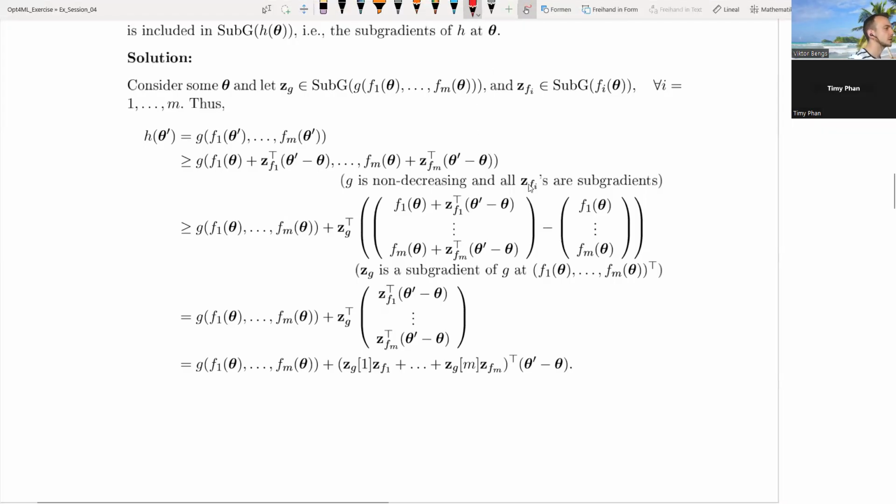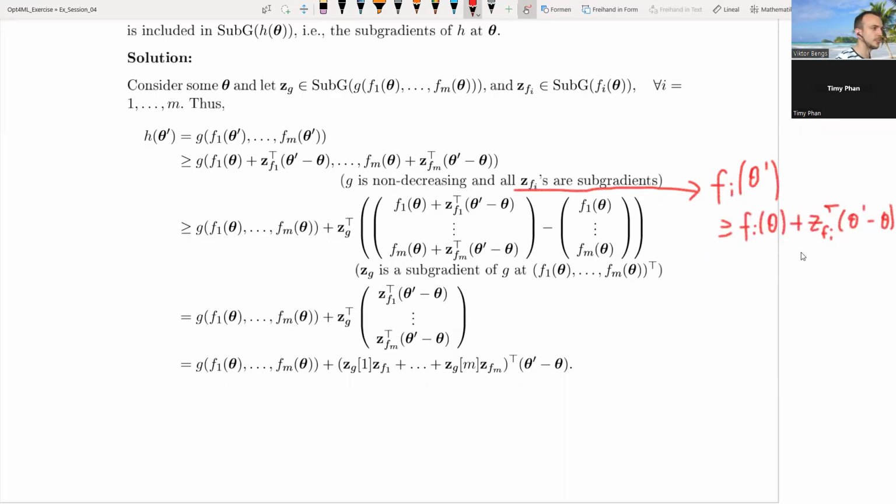Just to see this quite obviously, the subgradient is telling us that fi of theta prime is greater than fi at theta plus z fi transposed times theta prime minus theta.